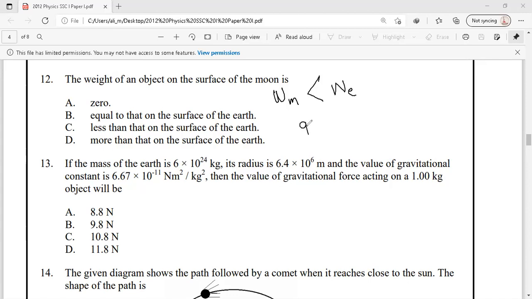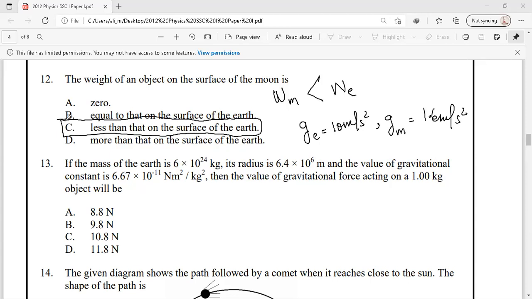The reason is that the gravitational acceleration on the earth is around 10 meter per second square, while the gravitational acceleration on the surface of the moon is 1.6 meter per second square. The greater the gravitational acceleration, the larger the weight of that object. So the correct answer is option C, that the weight of any object on the surface of the moon will be less than its weight on earth.